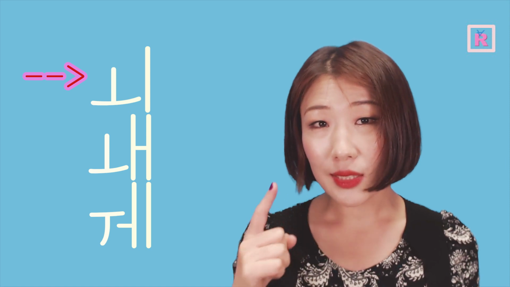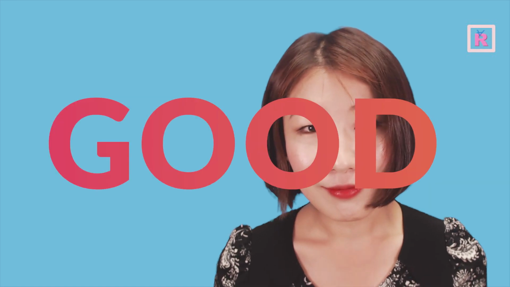The spelling is different, but the pronunciation is the same. Way. Okay, very good. And then the next one is U plus E. And this is we. We. Good. Yeah, we.